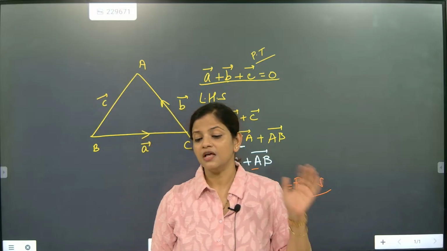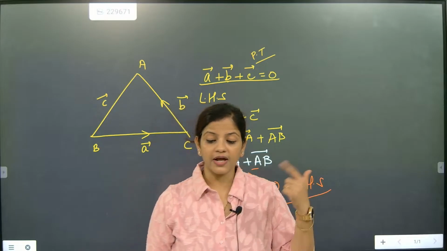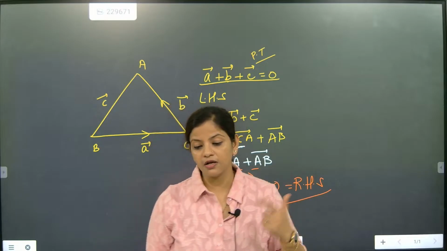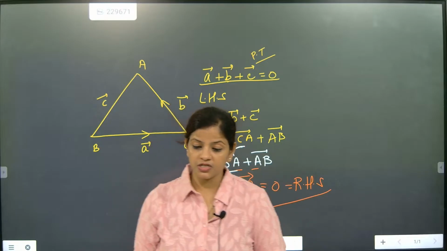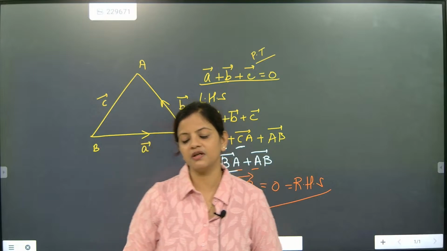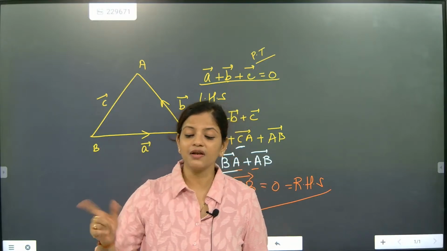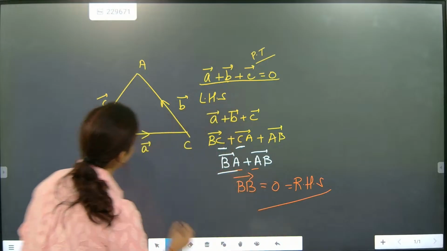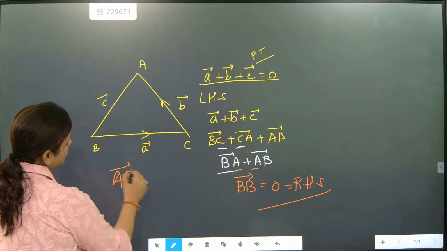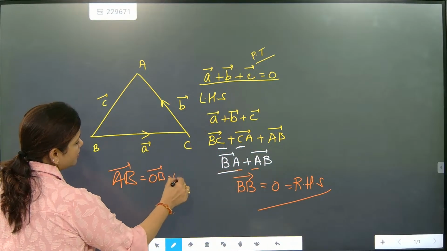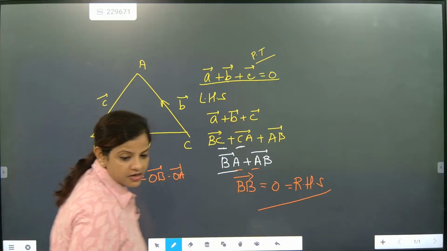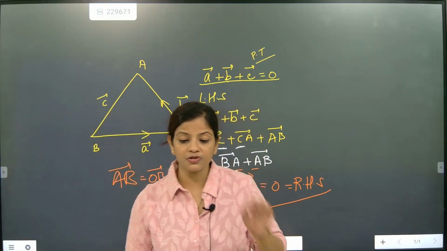Second part is, when we are doing the triangle section, I am using triangle law, I am not using position vector. When we use position vector, we relate everything with the origin. At that time AB vector will be written as OB vector minus OA vector. That's about position vector, and position vector also comes from the triangle section.